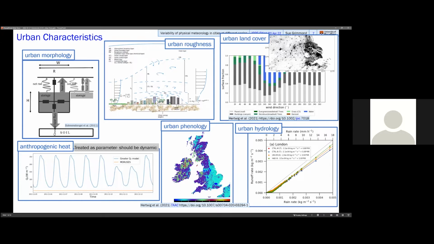We also need to represent hydrological conditions. Often these models use separate tiles, so the built surfaces are separated from the vegetation and other surface types within the model until the first layer of the model.